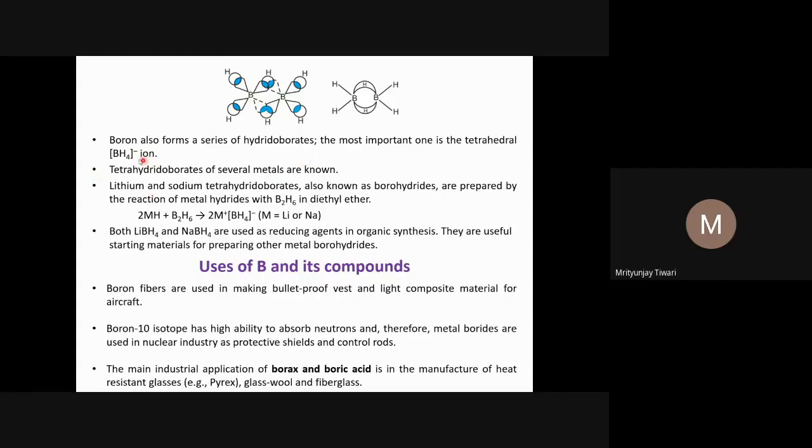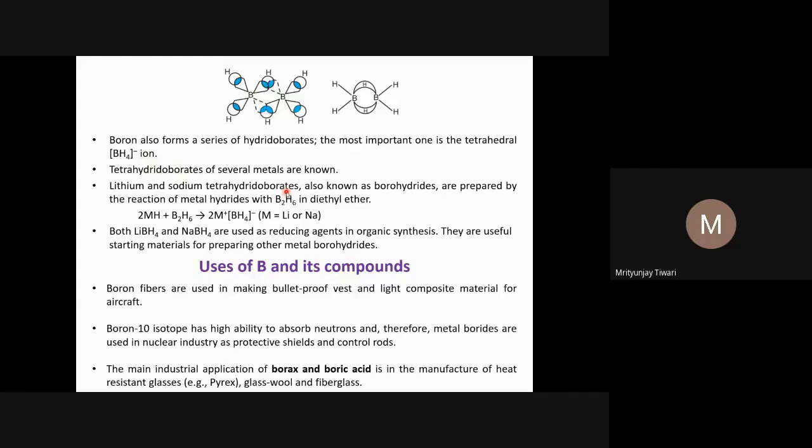So this BH4 minus is an example of the hydroborate, and this BH4 minus ion is a tetrahydridoborate, because four hydride groups are there. Tetra means four. Tetrahydridoborates of several metals are known, and the lithium and sodium tetrahydridoborates, as we know.